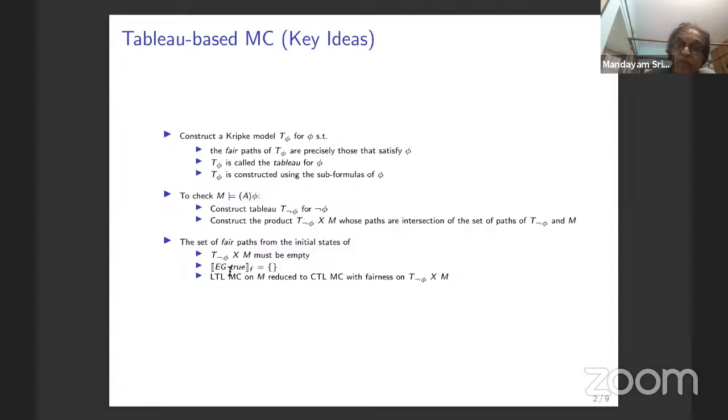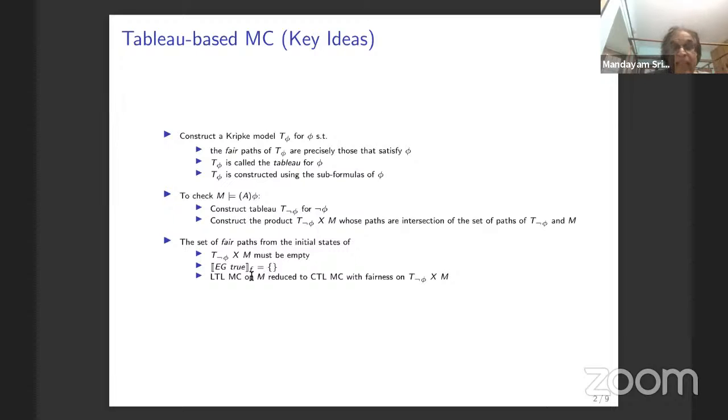So in this sense, once you construct the product, then checking this emptiness is like doing EG of true under the fairness condition, and you have to check that the set of states that you get by doing EG of true will be exactly those states from which any path will be violating phi. It will be satisfying not phi.